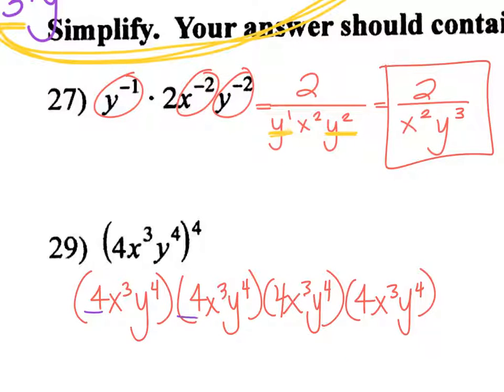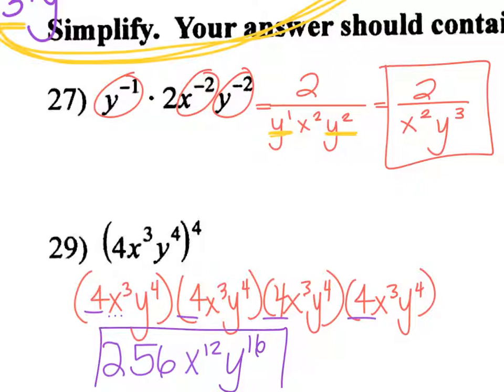So all of these 4's, that becomes 4 times 4 times 4 times 4, which is 256. And then I've got 1, 2, 3 x's, 1, 2, 3, 4, 5, 6, 7, 8, 9, 10, 11, 12 x's, x to the 12th. And then for my y's, I've got 4, 8, 12, 16. I'm just counting up, so that's 16 y's, y to the 16th.